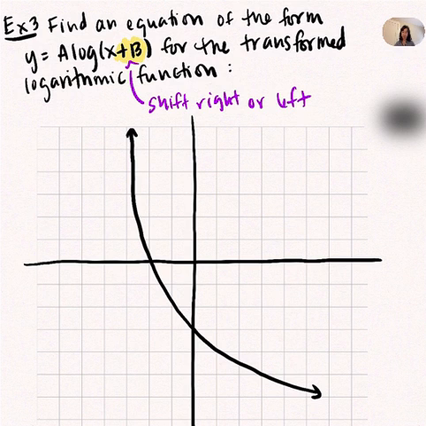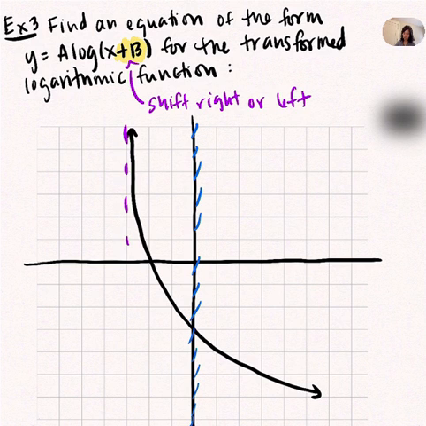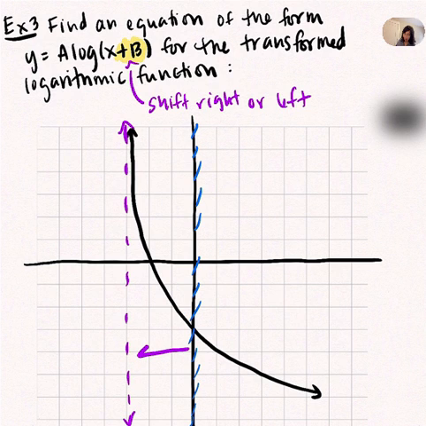We know that our basic log functions, before they've had any transformations done to them, have an asymptote here at x equals 0. It looks like this graph that we're looking at has an asymptote here. So you can see there's an asymptote there. Now this asymptote has been shifted to the left by 3.